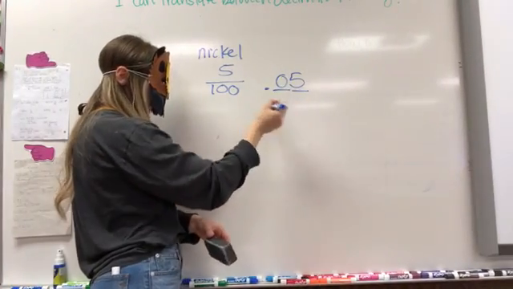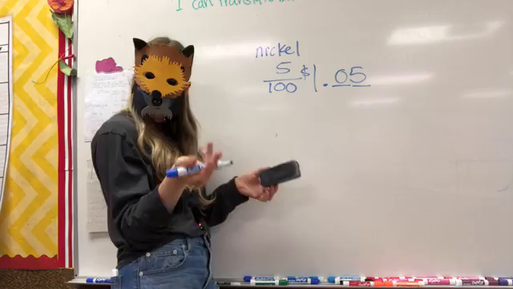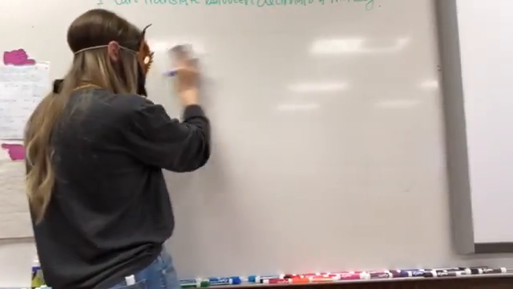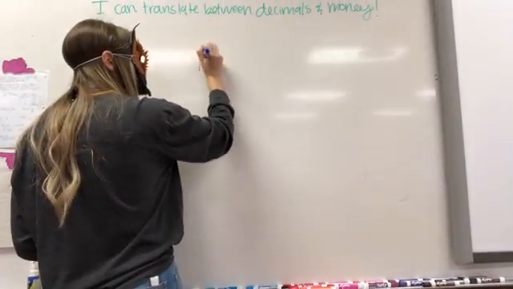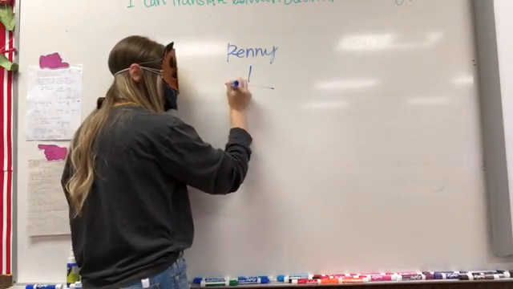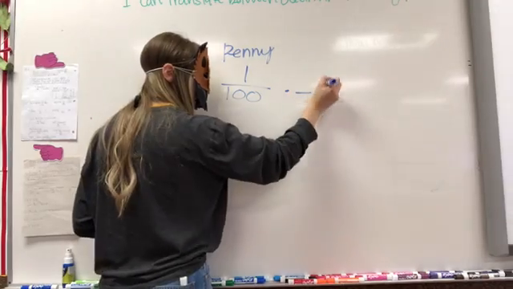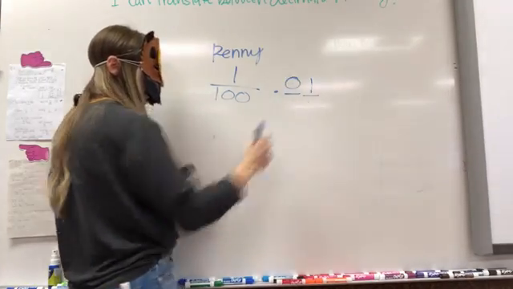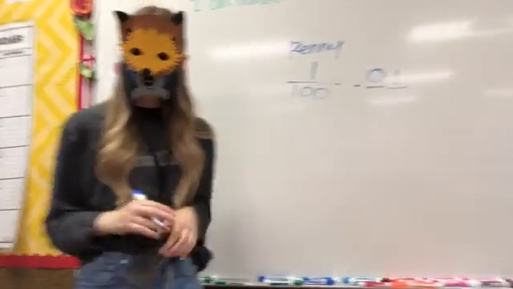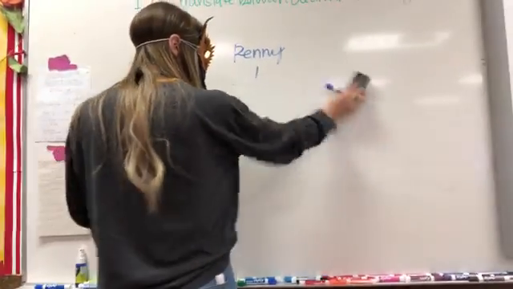You get $0.05, right? So hopefully this is all connecting. And the last one is if we had a penny. A penny is worth 1 cent. It's once again out of 100. So if we do that as a decimal, we put the 1 in the hundredths place. This would be penny as a fraction and a decimal. So let's try some different amounts of money, okay? All right.